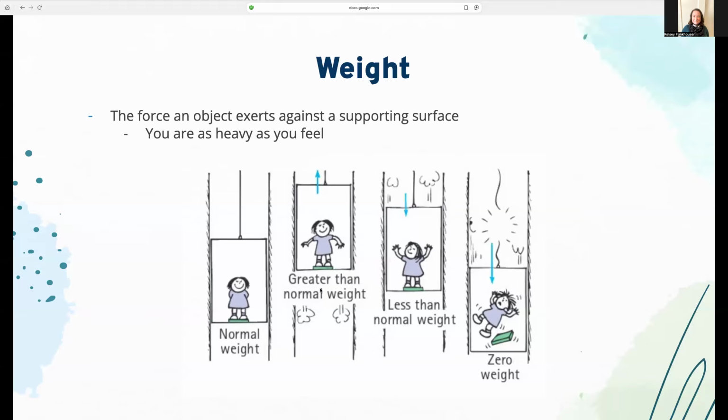That's because the force pushing up on this person in the elevator is larger than the force that they apply downward. And then when the elevator accelerates downward, the scale reads less than the normal weight of the person, and that person feels lighter. That is because the force pushing up on them is smaller than the force they apply downward.